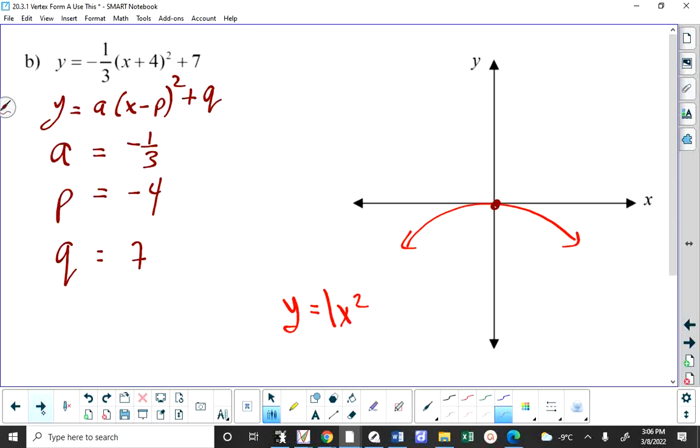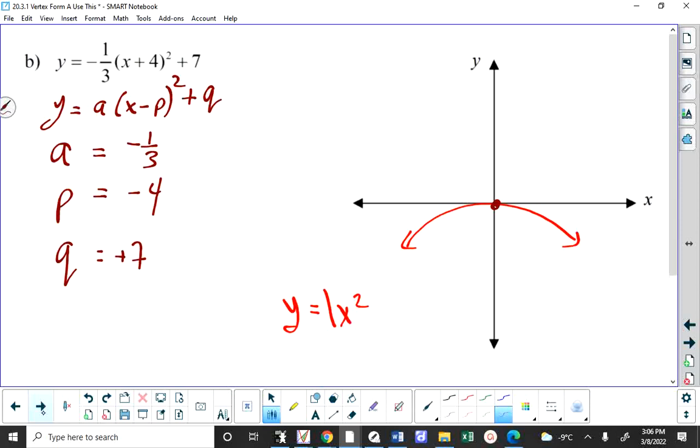Declan, will this then be shifted to the left or the right? Excellent. How many units? 4. And then which way will it be shifted vertically? Up. How many? 7. Good. And it's up because even though I didn't write a positive, there is a positive here.